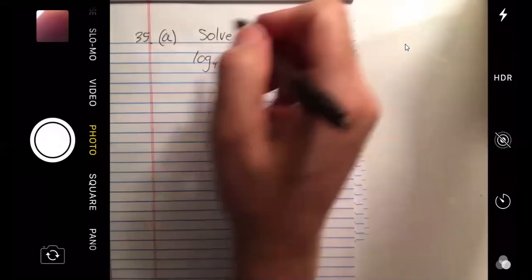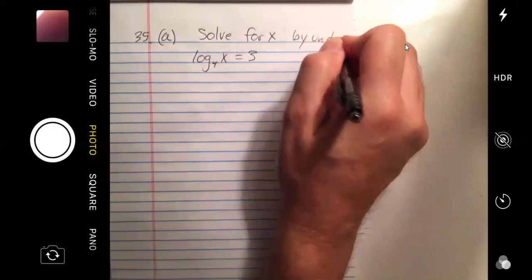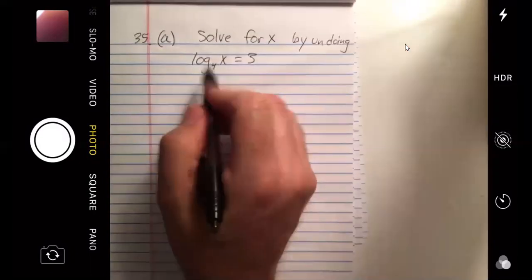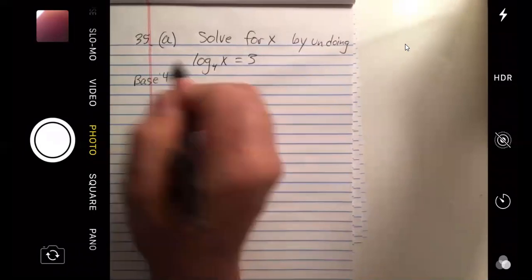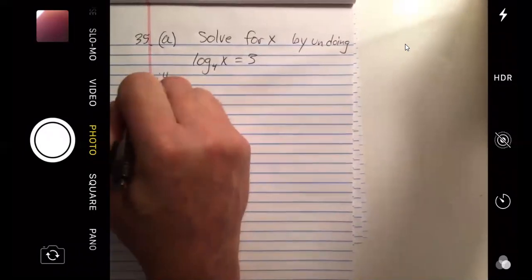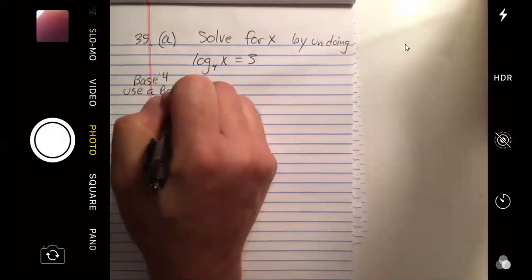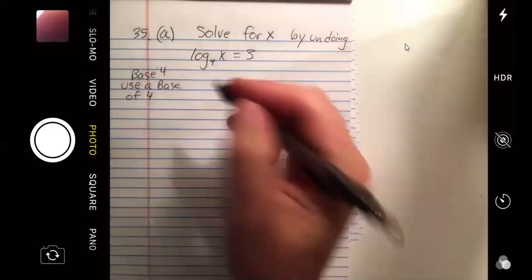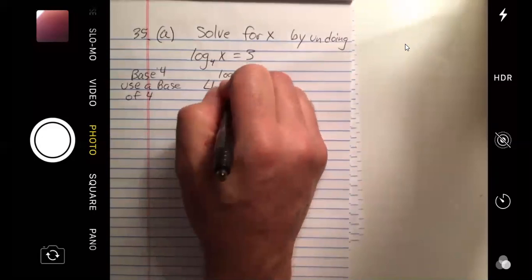Well, you solve by undoing. So with a base 4, you literally use a base of 4. So in effect, you go 4 and you raise it to this power.